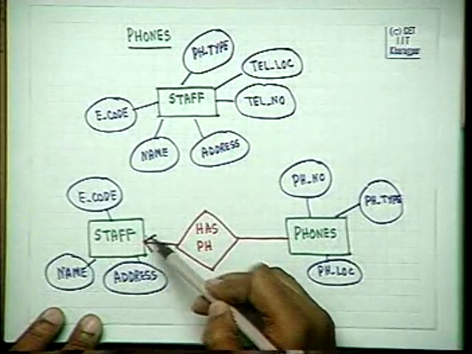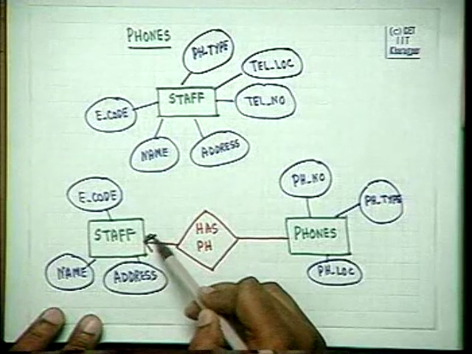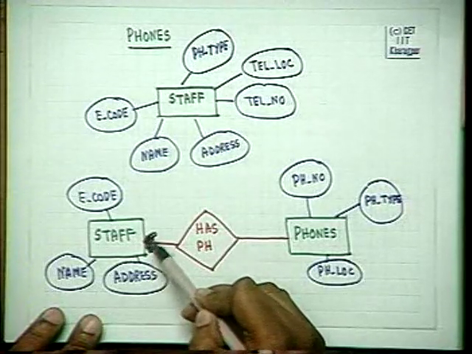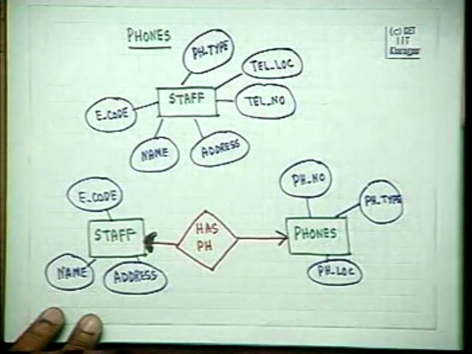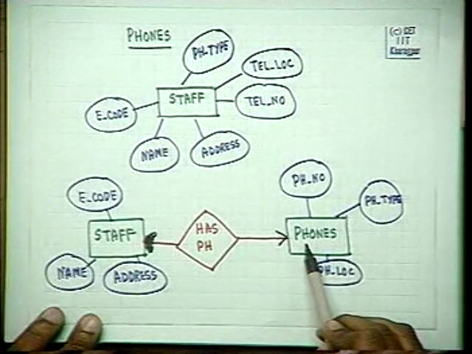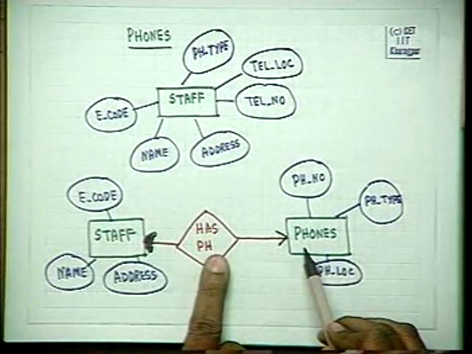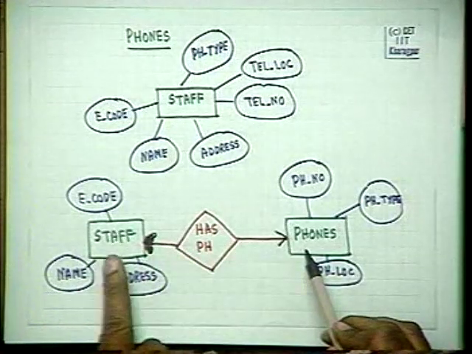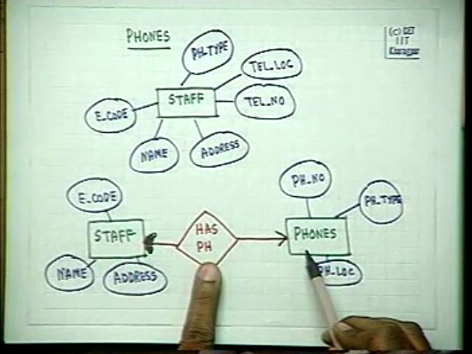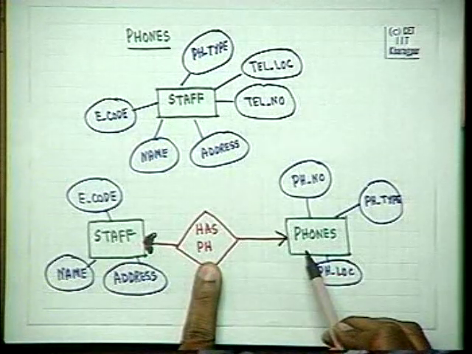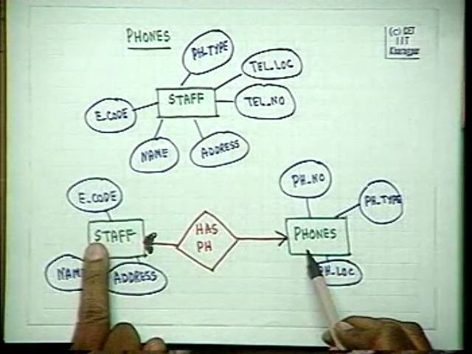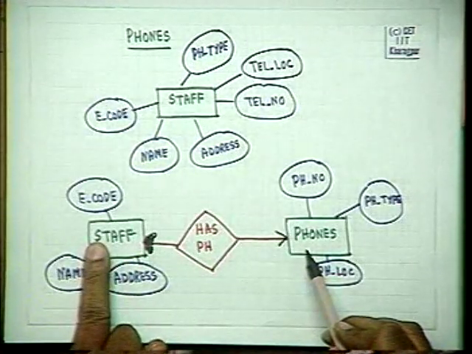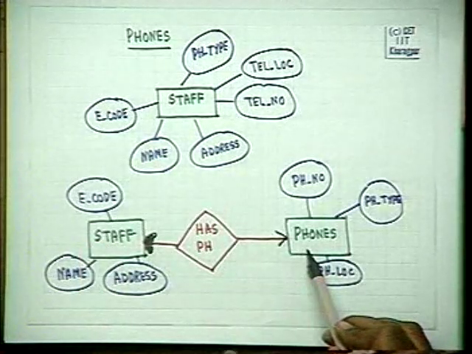Whereas if I remove this and put this instead, it means this phone on this relationship, which is actually only this entity set, can have only one staff member, in the sense that a staff member can have one phone, but that phone may be shared.